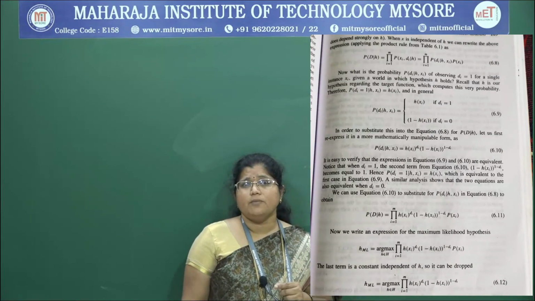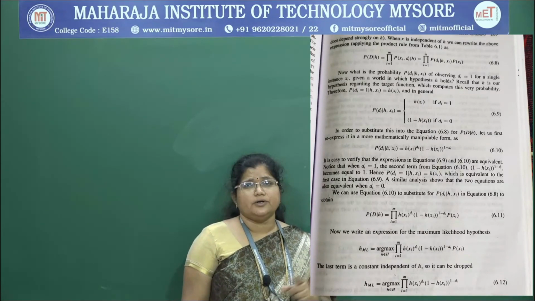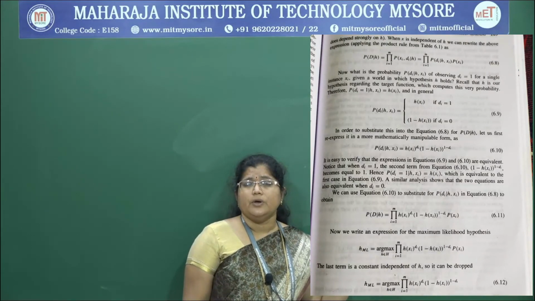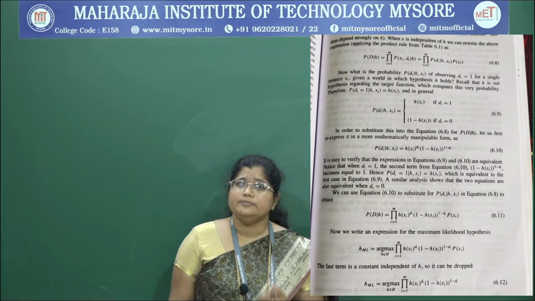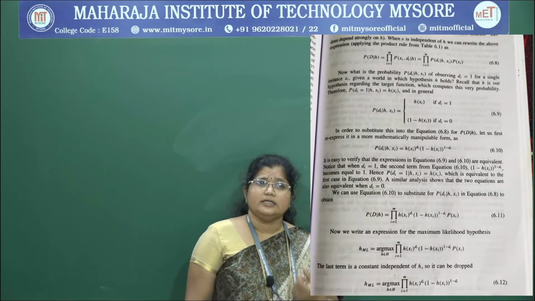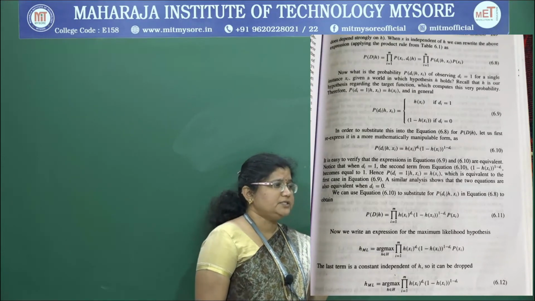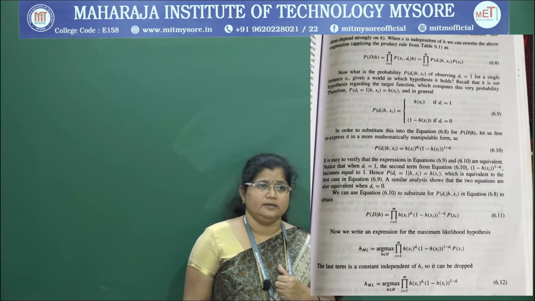D is in the form D equals x1 d1 to xm dm, where di is the observed target value, either 0 or 1, for the respective f of xi.